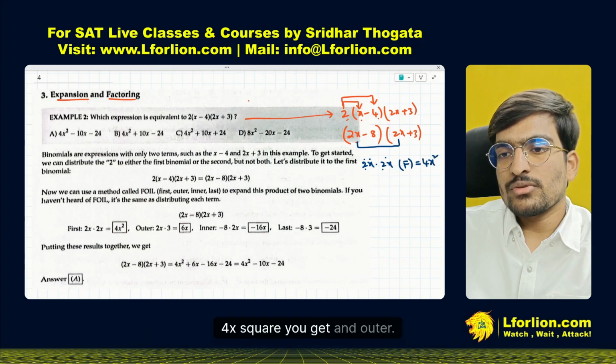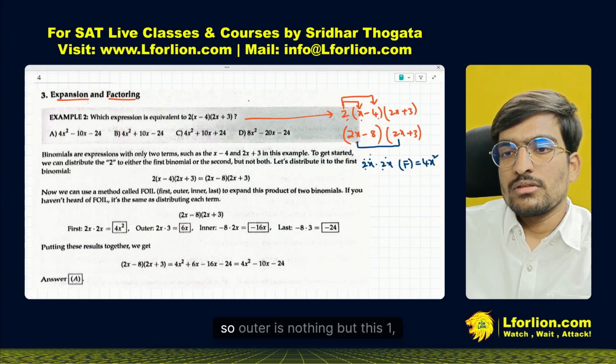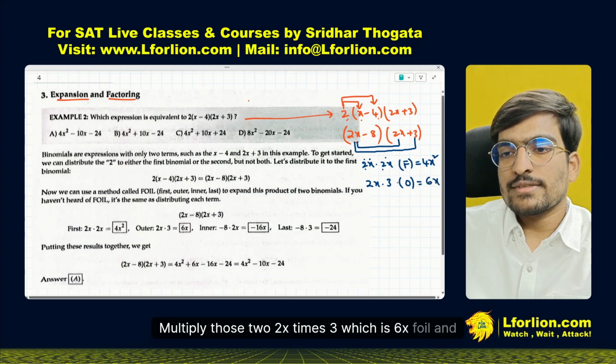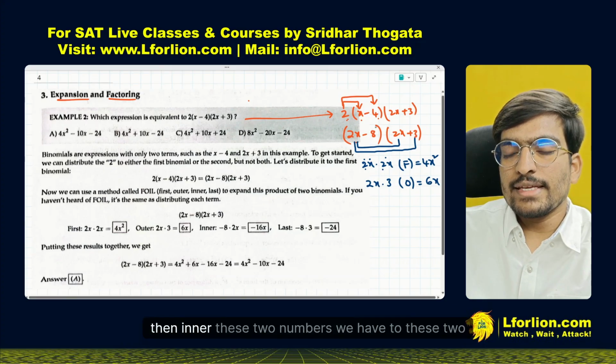4x square you get. And outer is nothing but this one, 2x and 3. Multiply those two. 2x times 3, which is 6x. Then inner.